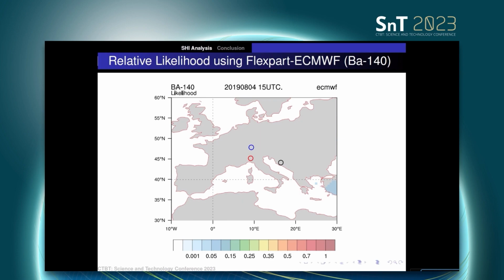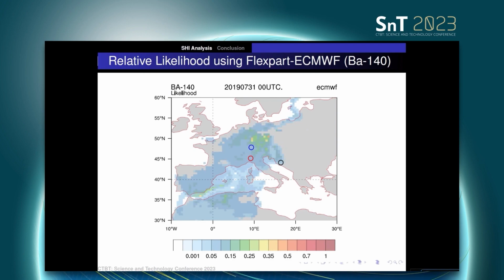Now we zoom in on the area of interest. This is the same result displayed for the global scale, but we are just zooming in, using a different scale. Going back in time, we have very low likelihood function until the 1st of August, when we have some relatively high likelihood.